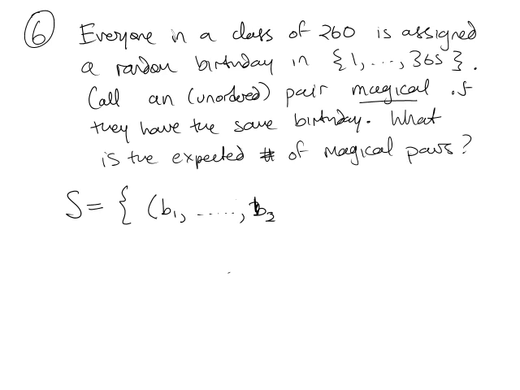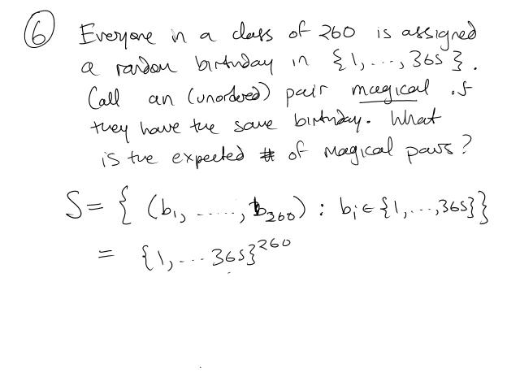There are 260 people, and each birthday comes from the set 1 through 365. In other words, it's just the set 1 through 365 raised to the 260. It's all 260-tuples of numbers that come from 1 through 365. And there are no constraints. There can be repetitions. Of course, 2 people can have the same birthday, 3 people can have the same birthday, and so on. So that's all there is to the sample space.